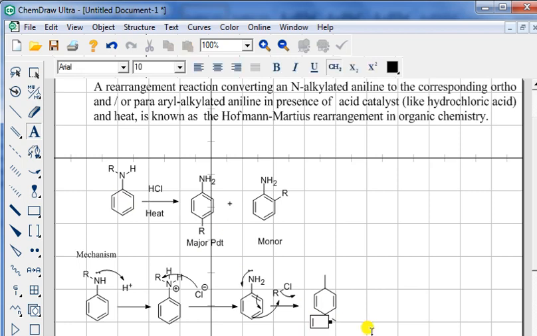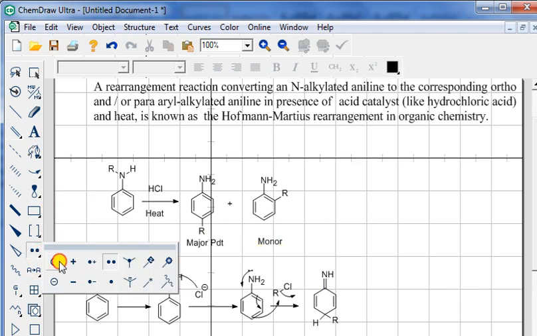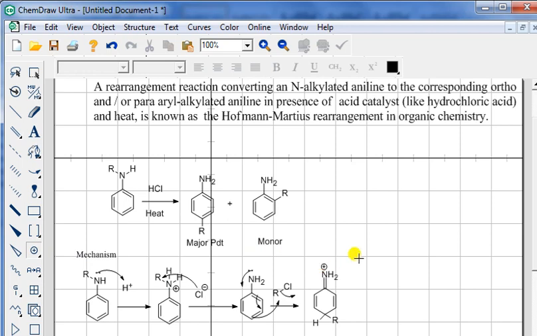So now here H, now here R, here NH2, and the double bond in between here, and there is a positive charge on the nitrogen.